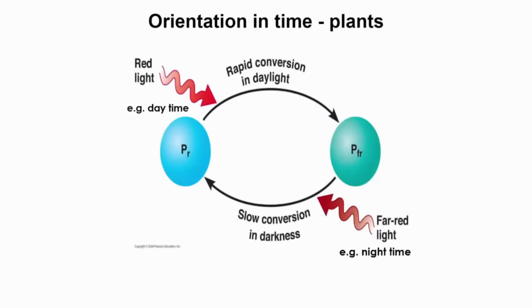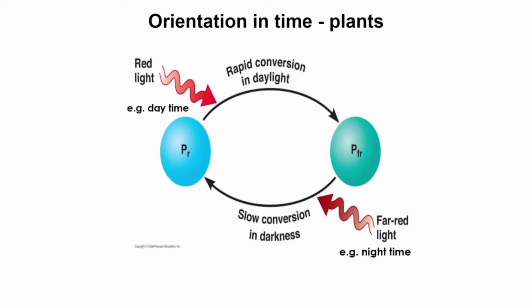So what's happening is during the day, when it's sunlight, the sun is shining. We know that the sun is made up of white light, so all of the colours of the rainbow. Roy G. Biv, of course, beginning with R, red light is part of that.